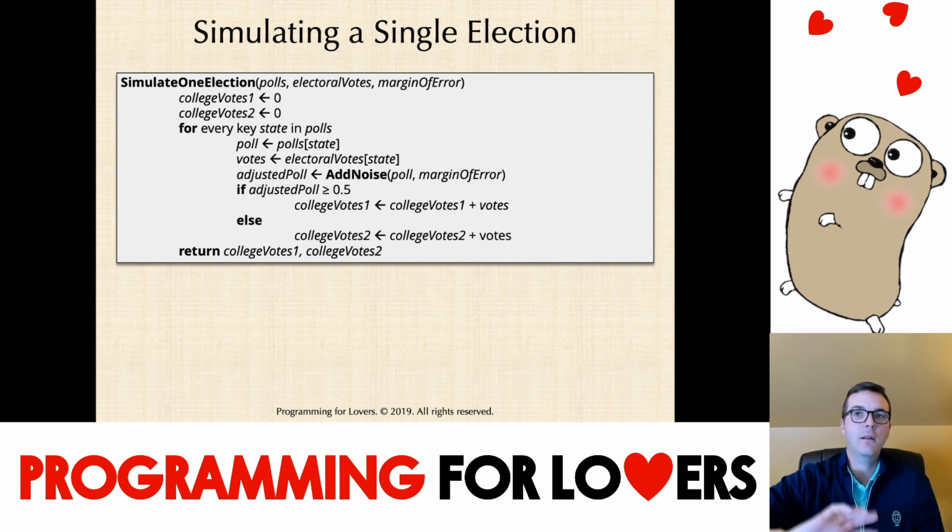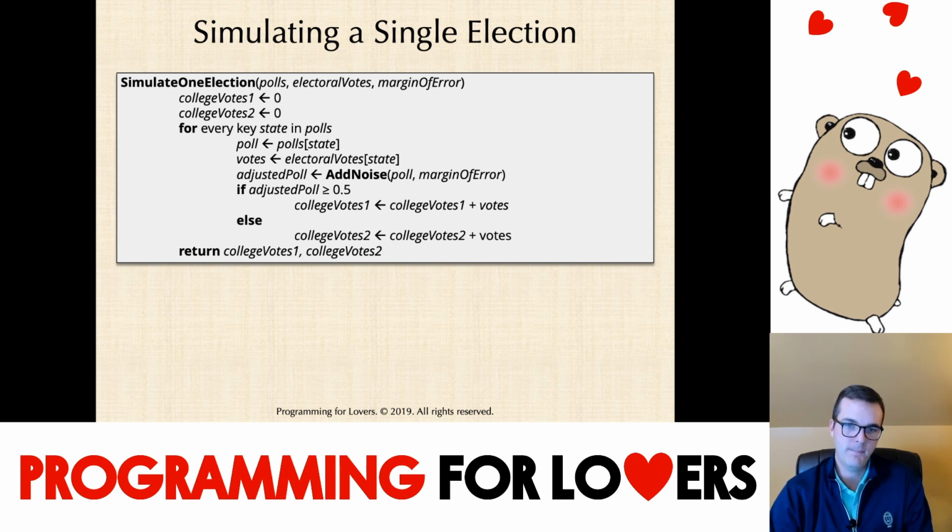If after that noise was added or subtracted to the polling value, it wound up below 0.5, I'm going to add the votes to candidate 2. And there's an infinitesimally small chance that the poll will be exactly equal to 0.5, so it's not going to be a very big deal at all to give those votes to candidate 1.